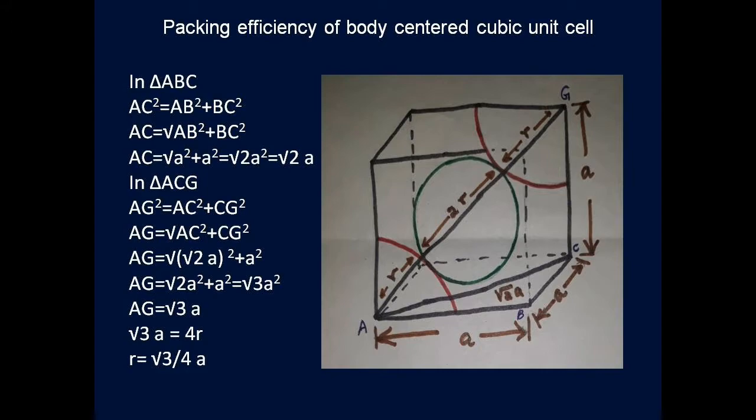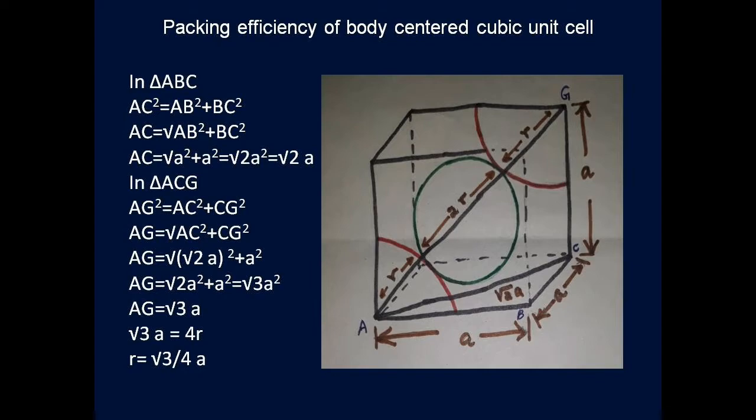According to the Pythagoras theorem, AC squared is equal to AB squared plus BC squared. What is AB here? That is a, and BC is a. Now you substitute, a squared plus a squared, we get square root of 2a squared, so the AC value is square root 2 a. Afterward, there is another triangle ACG.